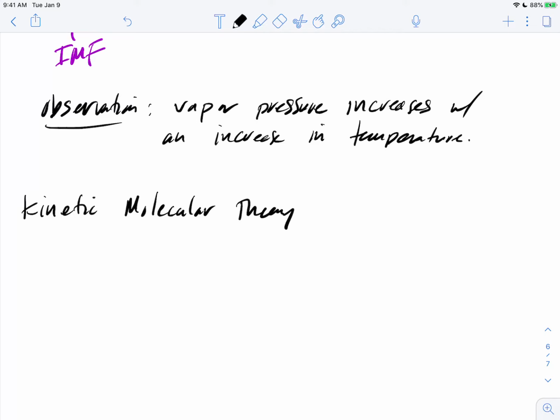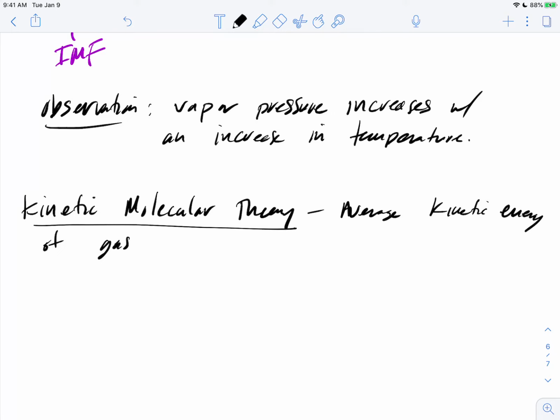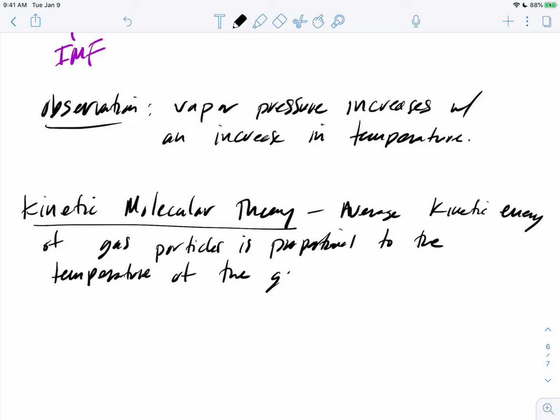And kinetic molecular theory states that the average kinetic energy, or KE, of gas particles is proportional to the temperature of the gas sample. Okay, so the average kinetic energy.